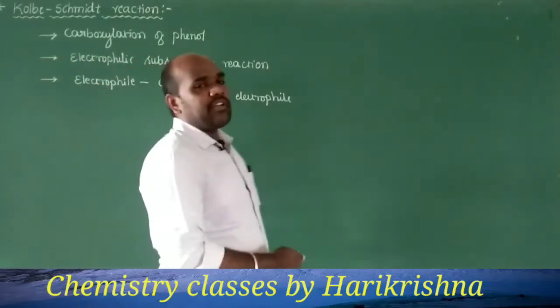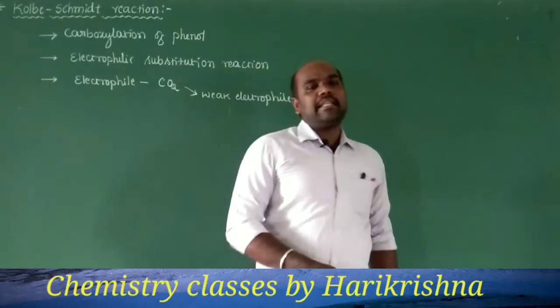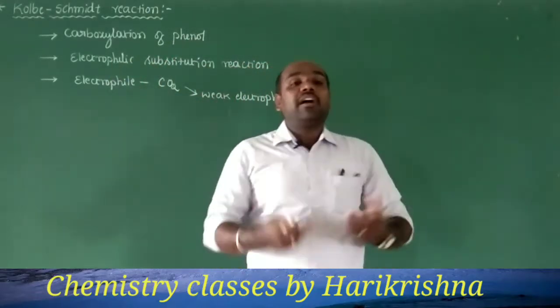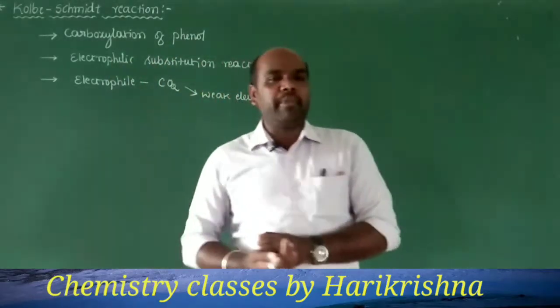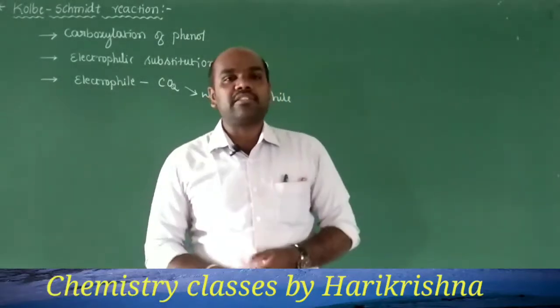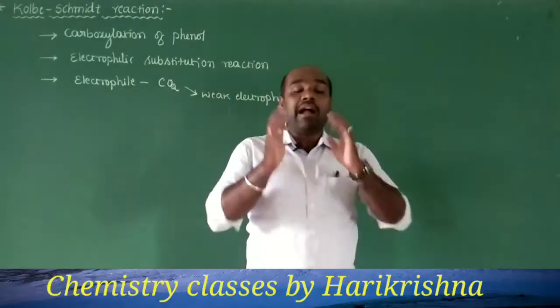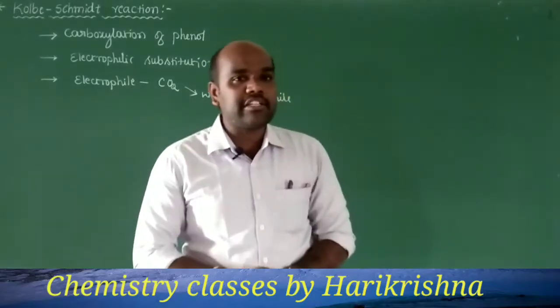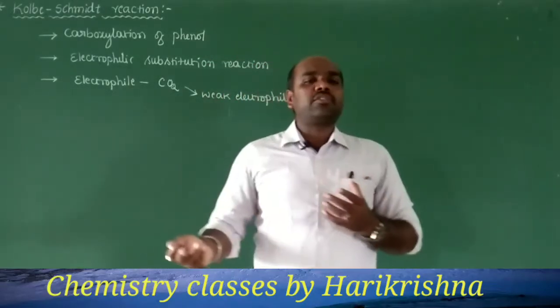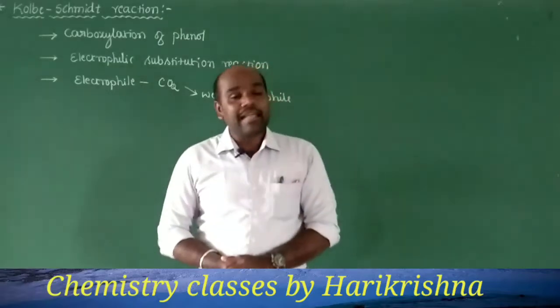To convert phenol into salicylic acid, we heat phenol with carbon dioxide in a basic medium, either in the presence of sodium hydroxide or potassium hydroxide, at preferably 125 degrees Celsius under a pressure of 100 atmospheres, so as to produce salicylic acid.